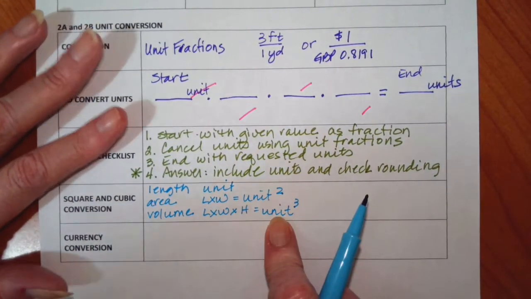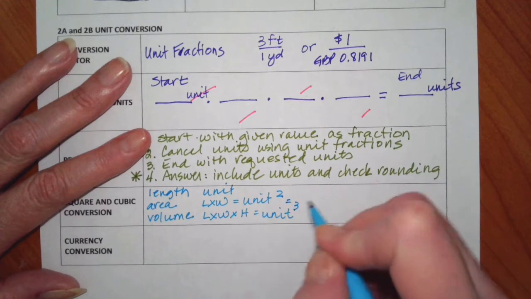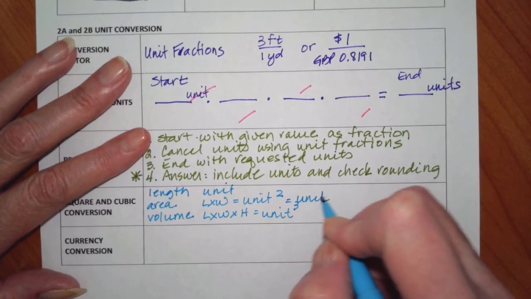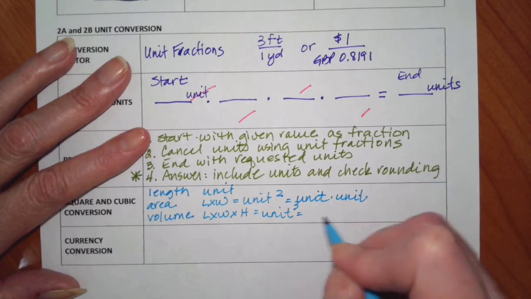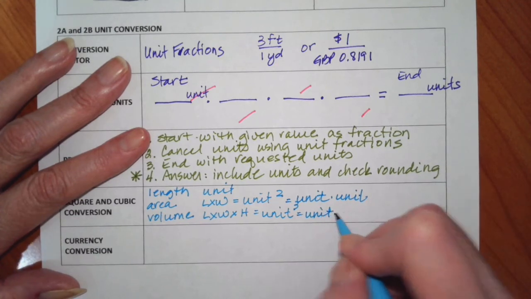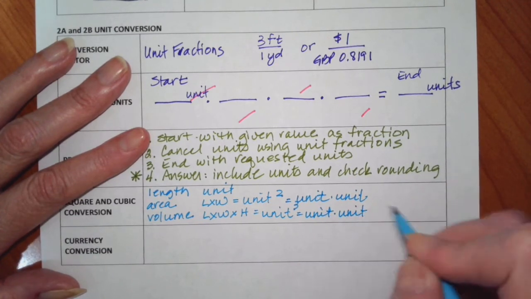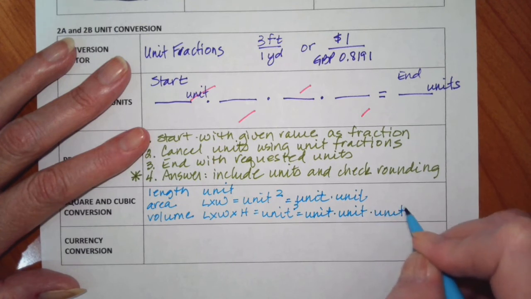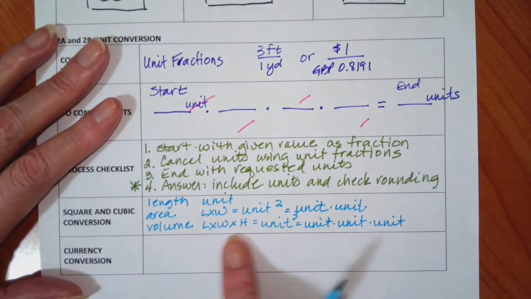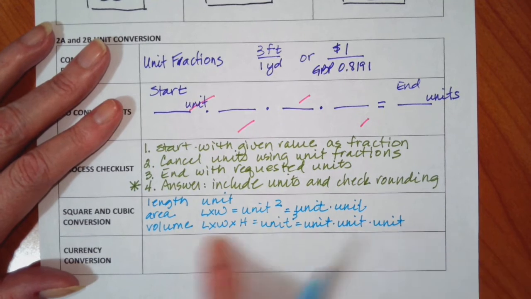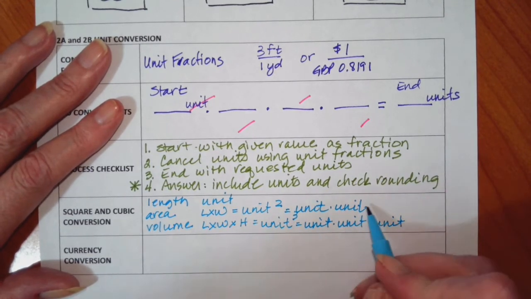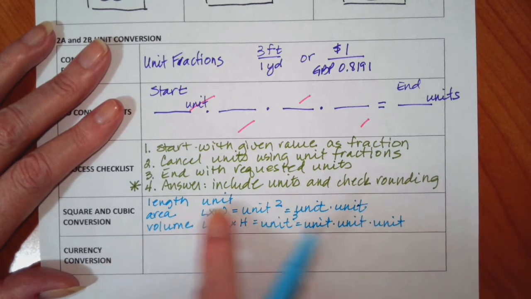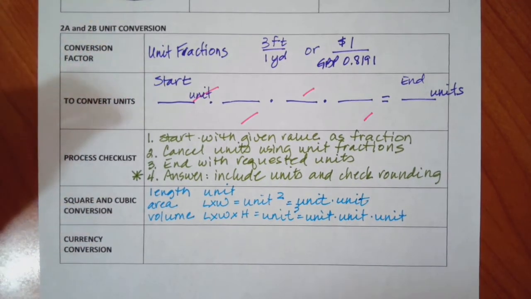And also remember here, this is the same thing as unit times unit. This is unit times unit times unit. So if you have volume, whatever unit you're canceling out, you're going to have to do it 3 times. Area, you're going to have to do it twice. And with linear, with length, you're just going to have to do it once.